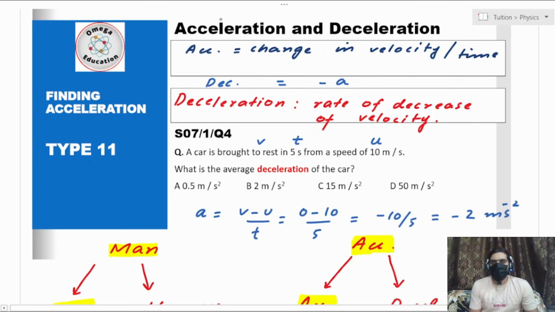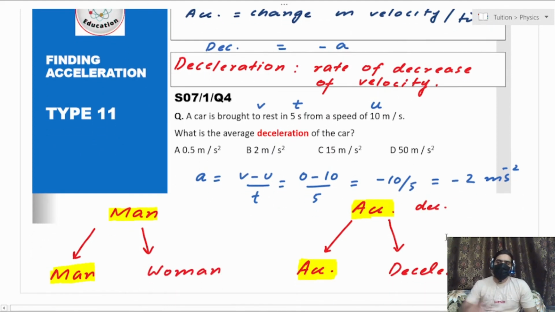What do we get? We get acceleration. But once again, the question was not to find acceleration, we had to find deceleration. So like I said, change the sign of acceleration, that would give you deceleration. So from minus 2, you can reverse it to plus 2, and the answer for deceleration would be 2 meter per second square.